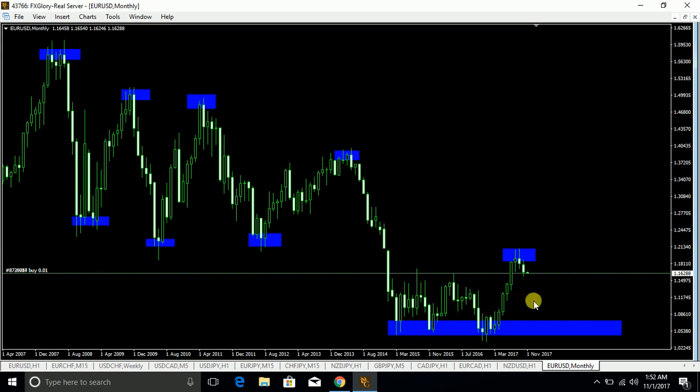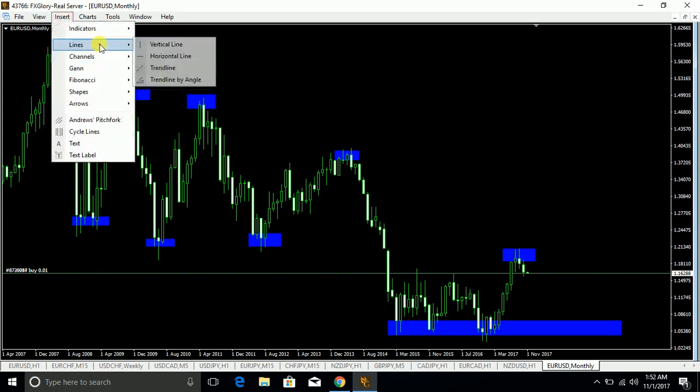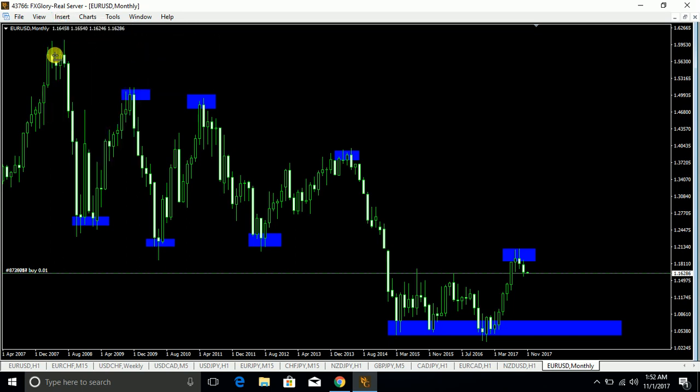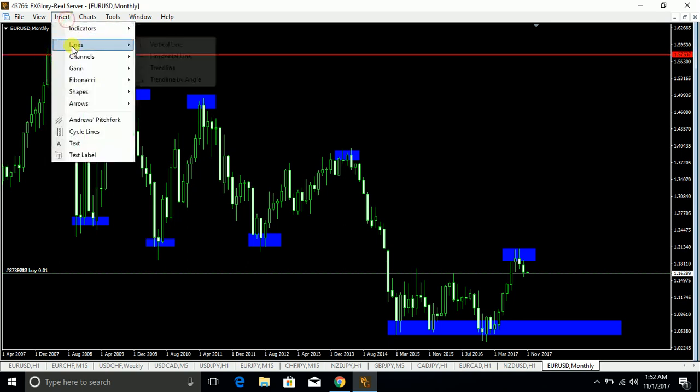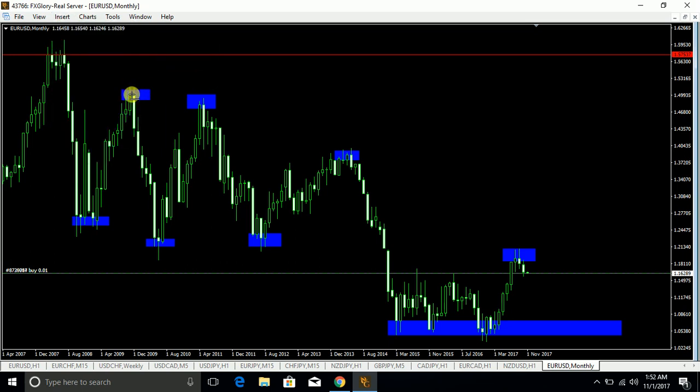Now, instead of using these rectangle bars, what I like to use are horizontal lines. So we'll put it right here at the open and close of these candles. Take another one, and we'll put it right here.